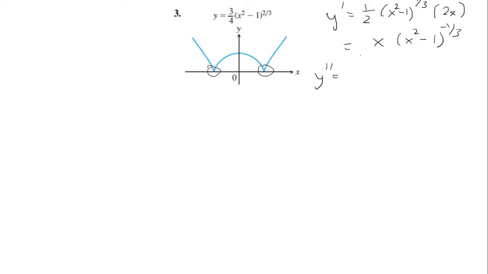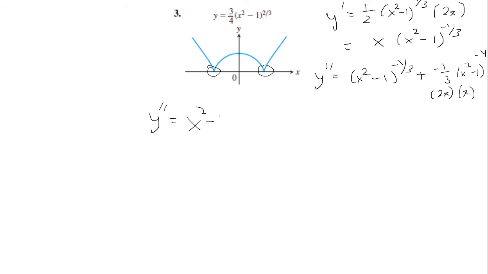Now for the second derivative, we have to also apply the product rule. The derivative of the first times the second plus the derivative of the second times the first. Okay, so I'm just going to rewrite it over here. And let's see, I'm going to factor it out.